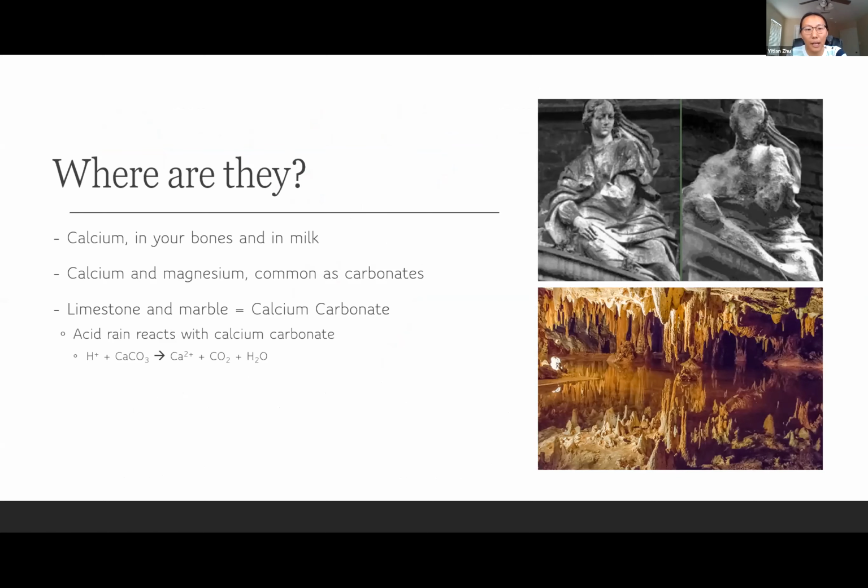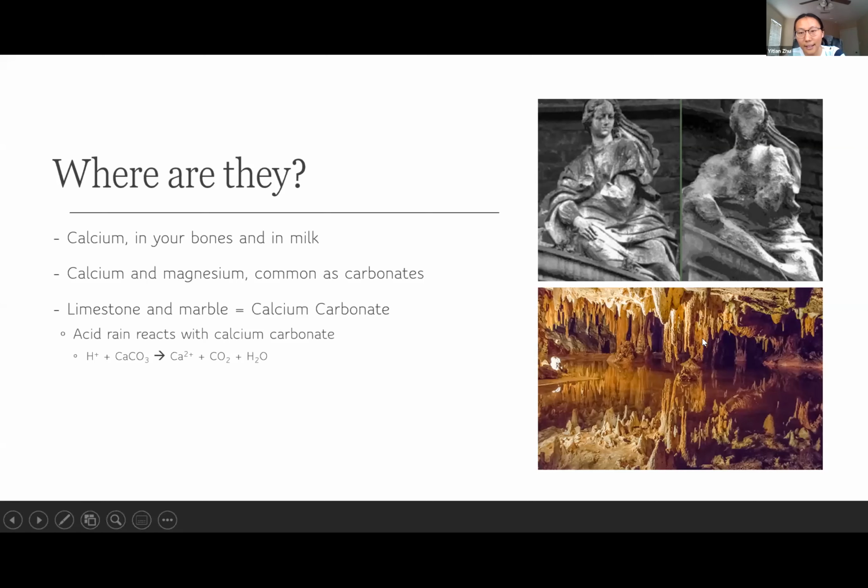And as you can see, there's a picture of a marble statue that got worn away by acid rain. And that's because limestone and marble, which are made of calcium carbonate, a compound from calcium, react with the acid in the acid rain to corrode the statue.